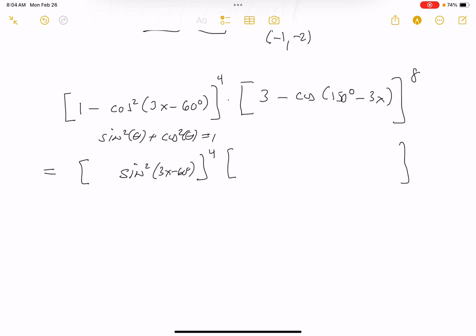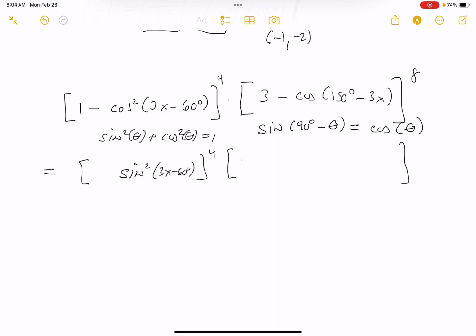So I want to use what's called a cofunction identity. And so I'm going to say the sine of 90 degrees minus theta is identical to the cosine of theta.